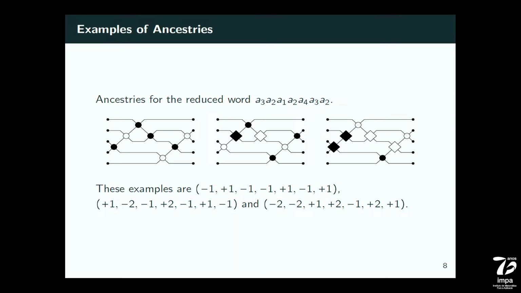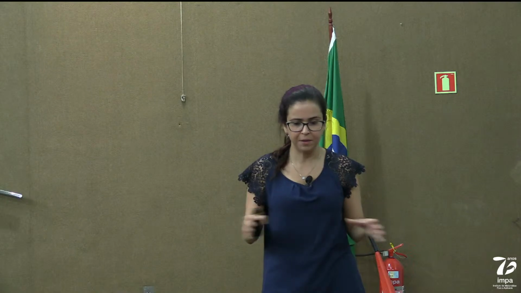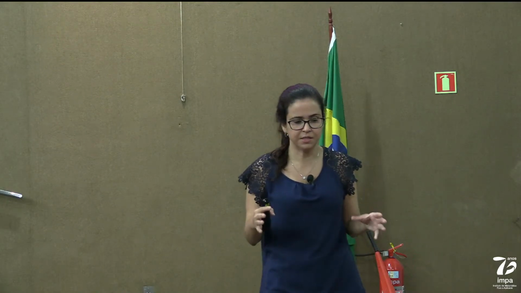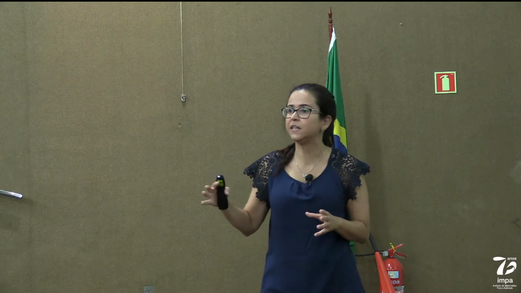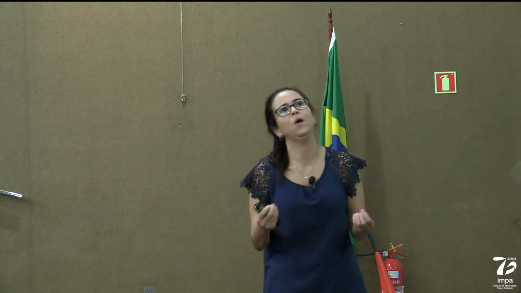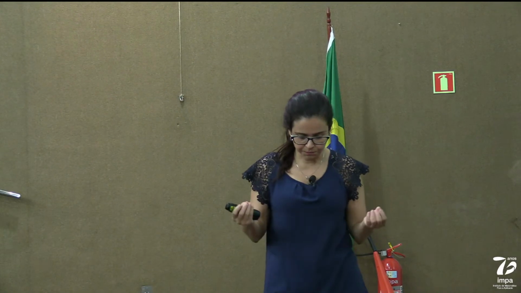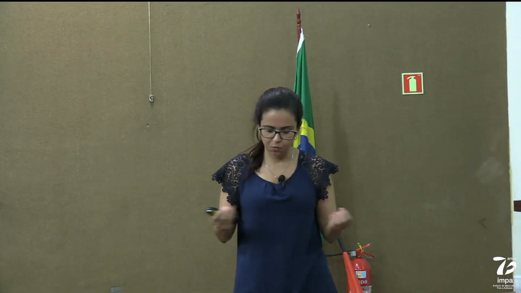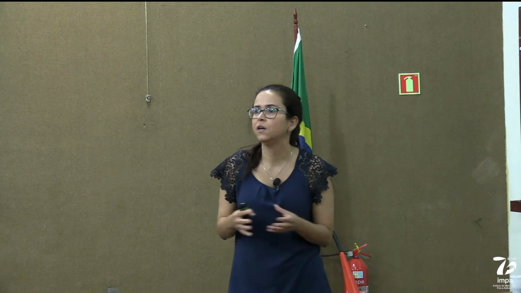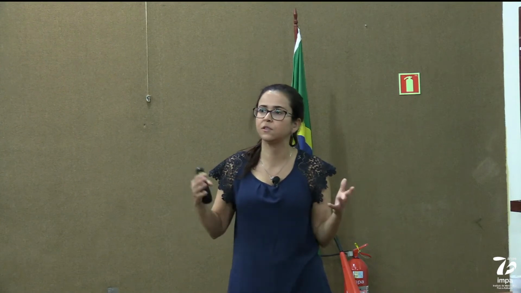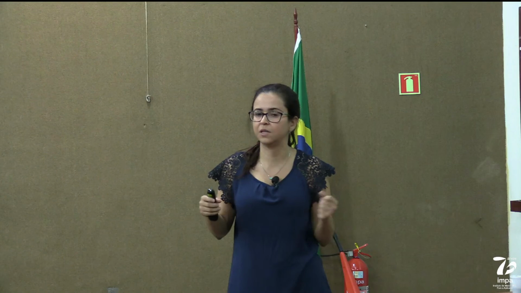So perhaps another question. If you give me the reduced word, so these are all different ancestries related to the same word. Exactly. If you give me a reduced word, I look at this wire diagram, and just by looking at this I already know if I have an ancestry of each dimension. And so I already know what I will have in the CW complex or in the strata, up to the dimension I will have.